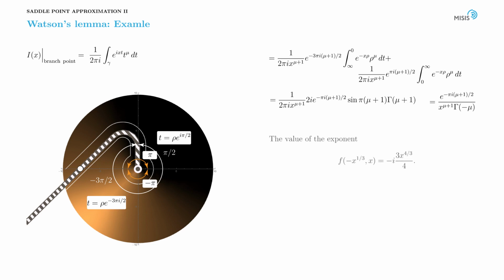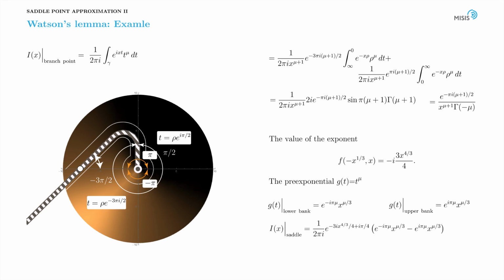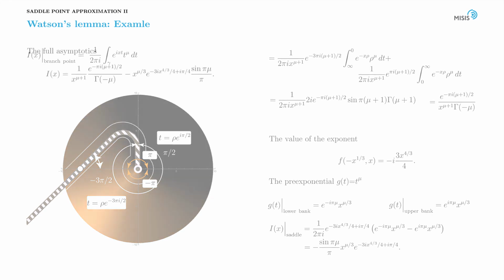The value of the exponent at the saddle is as follows. The value of the pre-exponential function at the saddle at the lower bank reads, and at the upper bank is the conjugate. Next, we recall that the steepest descent direction is pi by 4, and the contribution from the saddle follows trivially. So the full asymptotics reads.